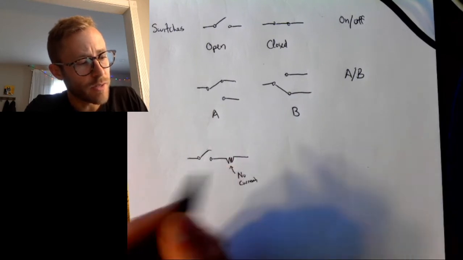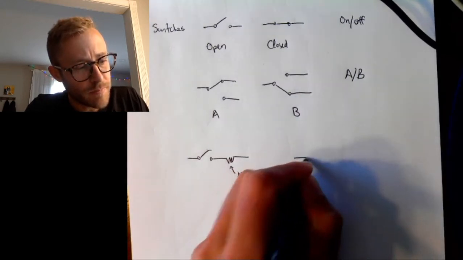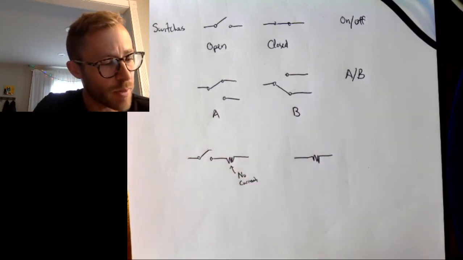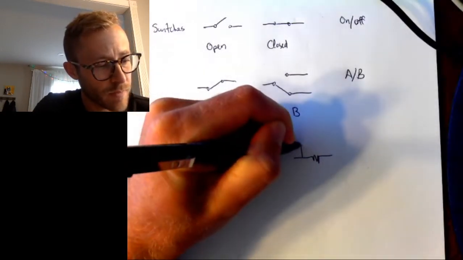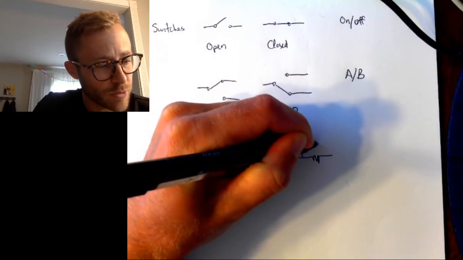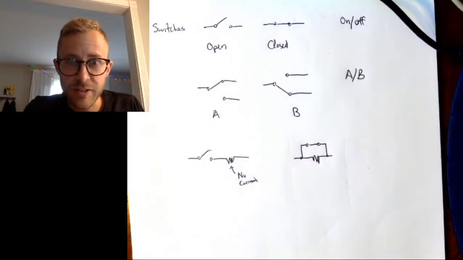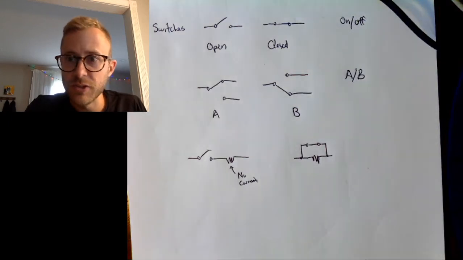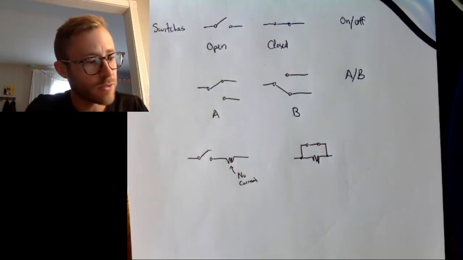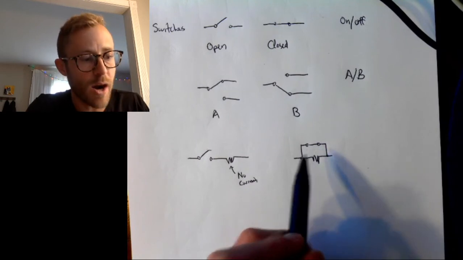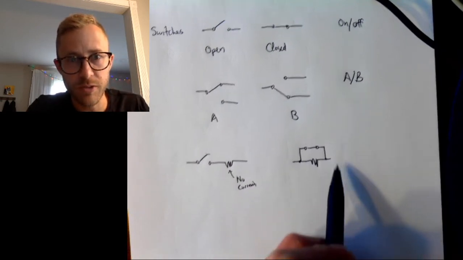Now here's something kind of interesting. If you have a resistor that's in parallel with a switch, and here we have a switch that is closed, in this case, this is the very same thing as the situation we had yesterday where I put the wire that short-circuited the resistor.